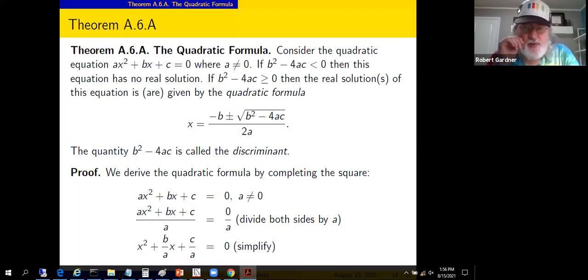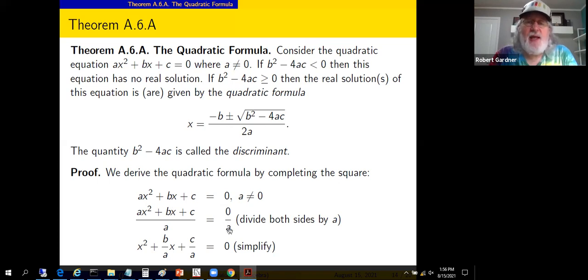I stand by my previous claims. We're still just trying to get x by itself. Okay, it's a bit more complicated this time, especially with these letters. But what we're about to do with a, b, and c is the same thing we just did in the previous one, where we had 2 and 3/2 or something like that. It's the same manipulations, just with letters.